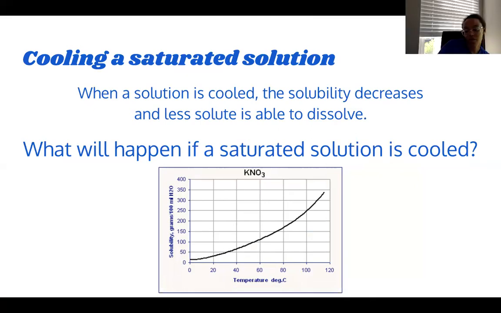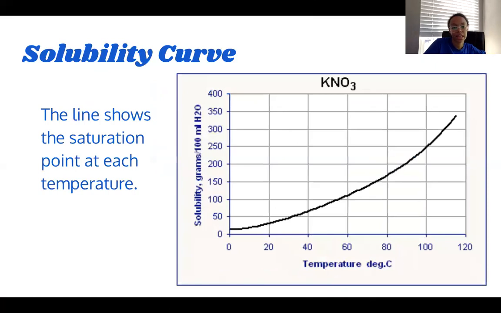Okay, so then we have one last thing to learn about today, which is as much as you want to try and make rules in chemistry, there's always exceptions. So sometimes the following can happen. We have our saturated solution at 100 degrees, 250 grams, just like we described.